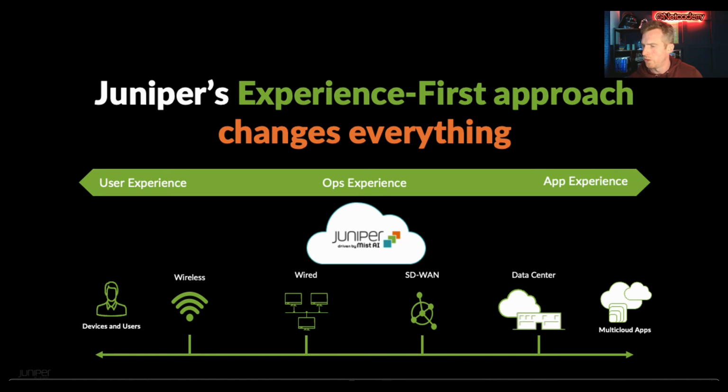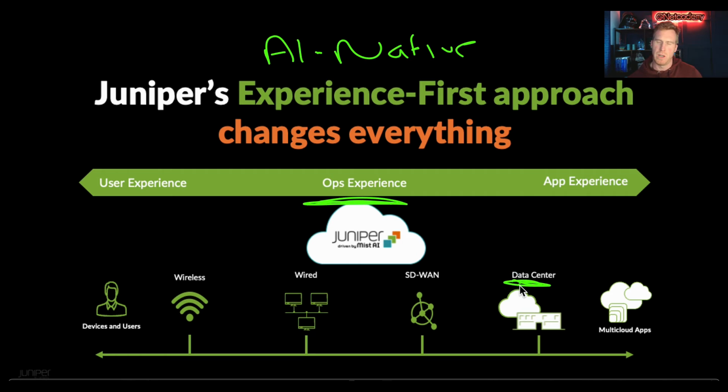And also what Juniper Networks on its AI native platform has actually done is it's extended the AI operations, the ops experience into the data center as well. In the data center, I'm going to start a different series of videos, and the product from Juniper is called Apstra, but they've actually extended their AI operations from the Mist cloud into the data center as well.